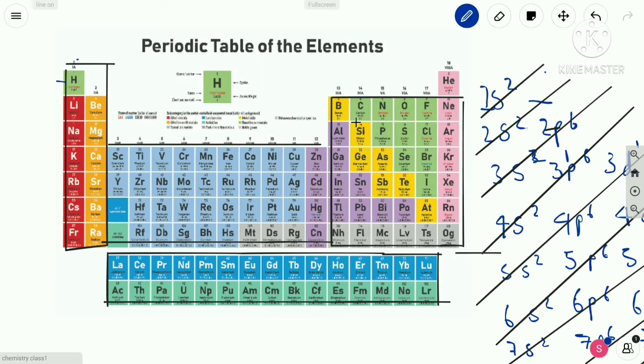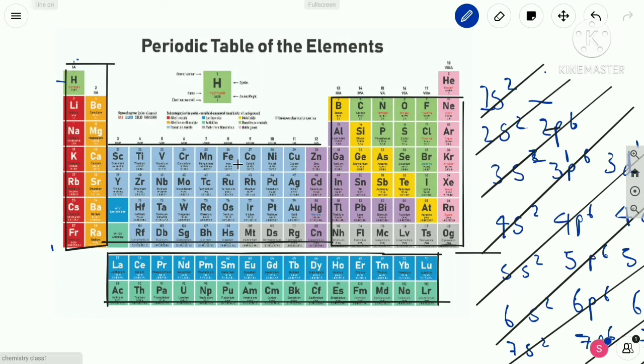Then recall the P shell can accommodate six electrons, so there are six elements always in this side, where we have most of the non-metals, and towards the left we have the basic metals. Towards the right side we have the non-metals, and in the center we have transition elements.